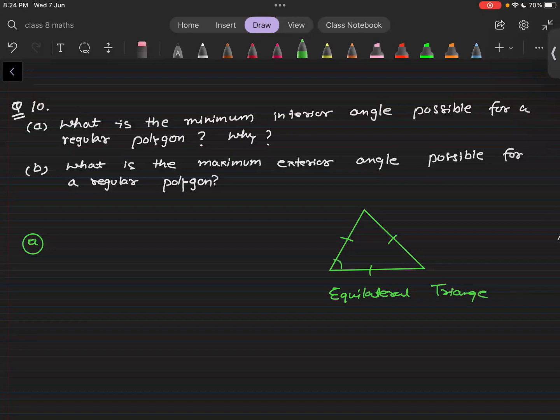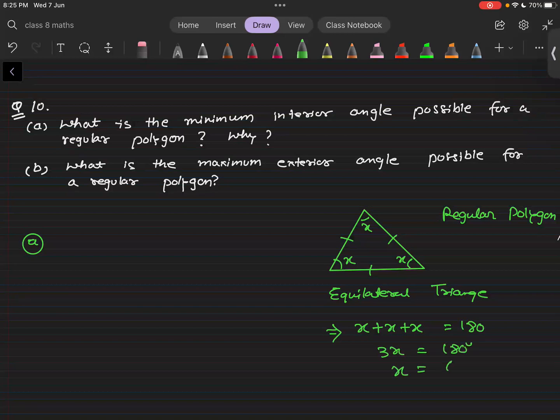So each angle is also going to be the same, x, x, and x, since we know that in a regular polygon, all the angles are also equal. And we know that the sum of the angles of an equilateral triangle is 180. So x plus x plus x equals 180, so 3x equals 180 degree, and x here is 60 degree.